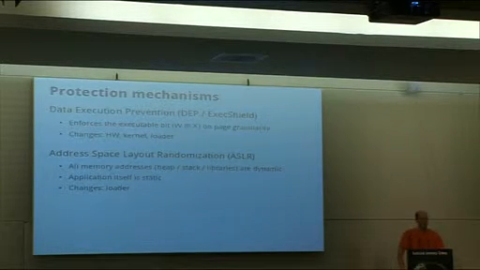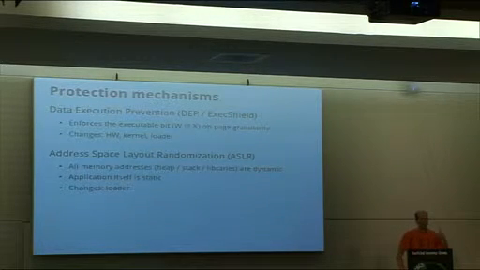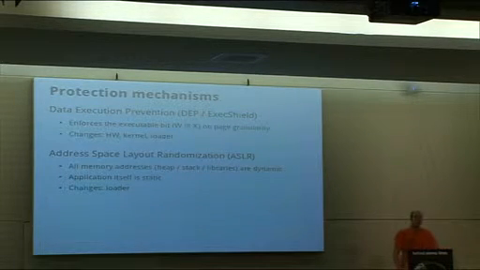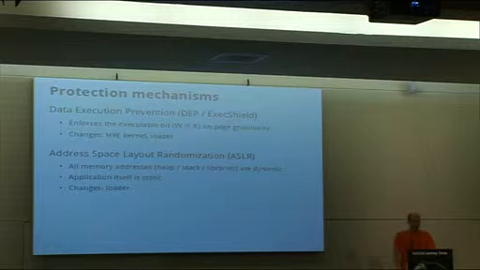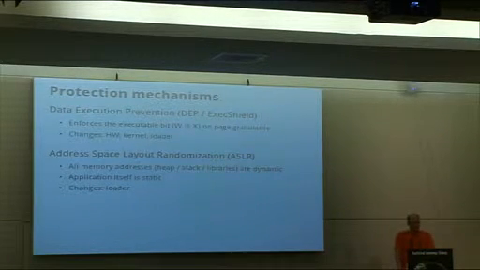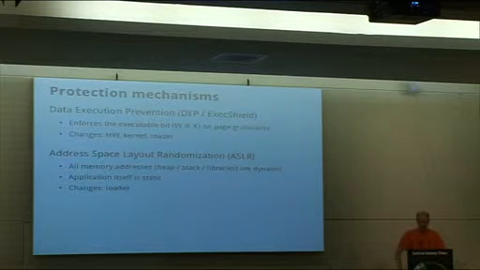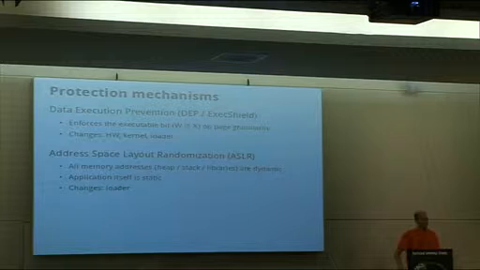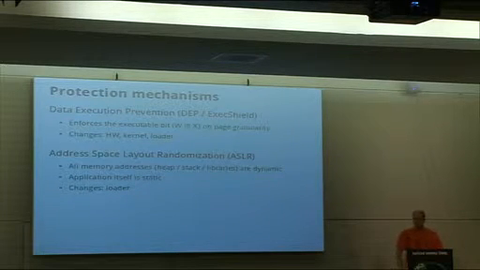This leads to the fact that if you think back to the code injection exploit, we can no longer redirect the return instruction pointer to the beginning of the buffer because we have no idea where this buffer is located in memory. But the current implementation in Linux uses a static application, where some part of the application still is located at a fixed address due to some optimization issues. And that's what we are going to use for that.